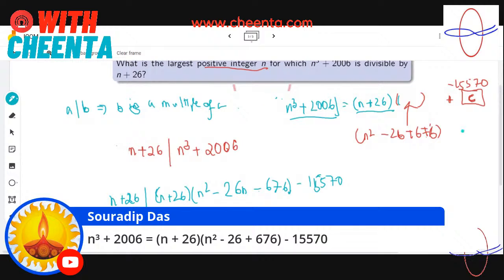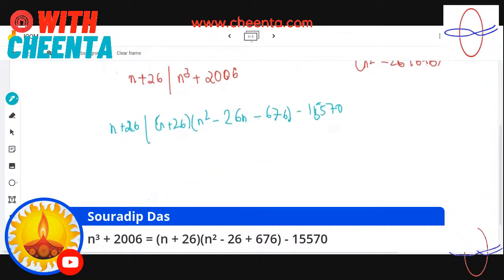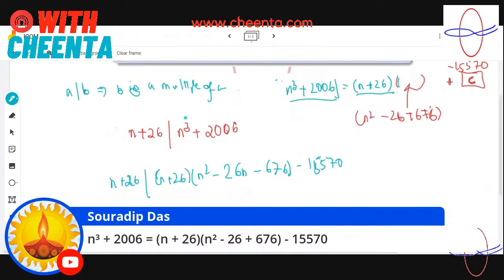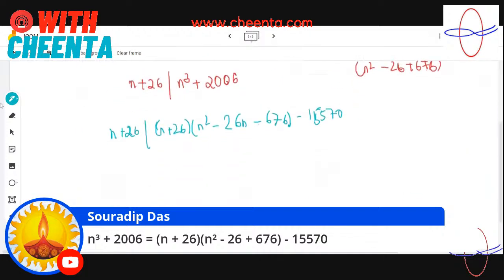Exactly, difference of cubes maybe. Yep, exactly, sum of cubes. So essentially you can also observe that n plus 26 divides n cube plus 26 cube. This divides this because a plus b divides a to the power n plus b to the power n for any real numbers a and b and n an odd number.